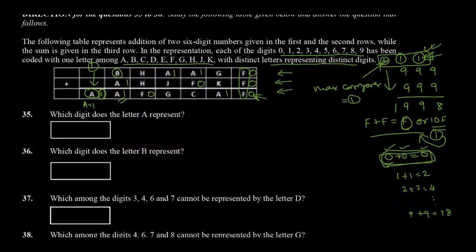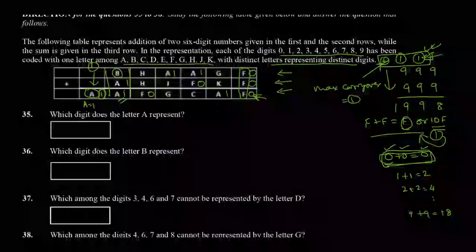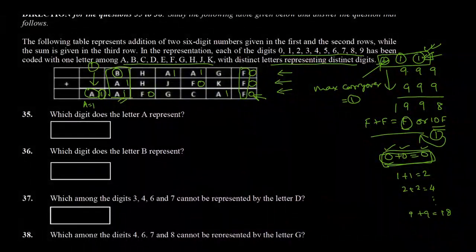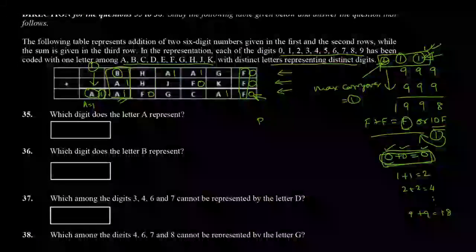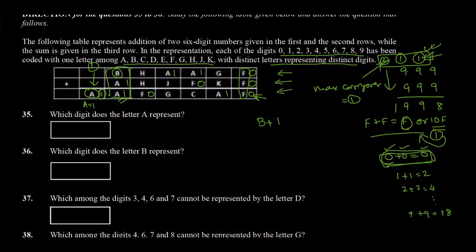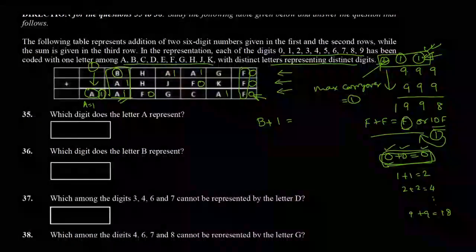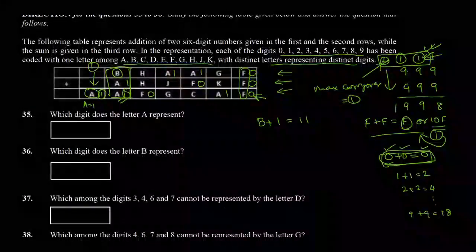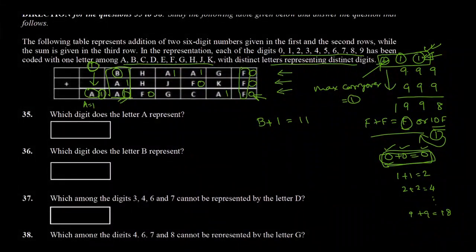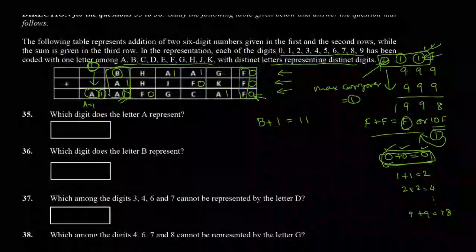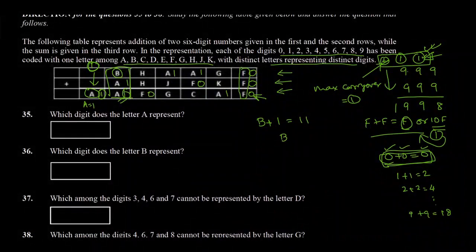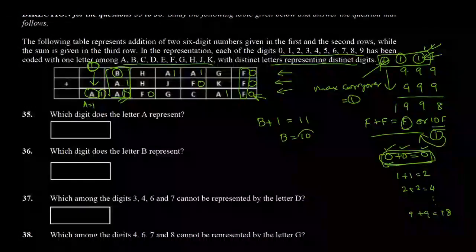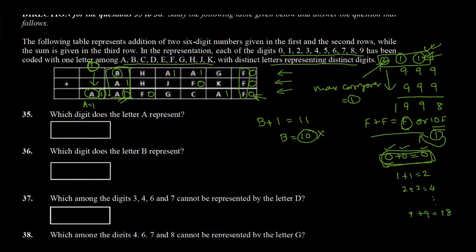Now we can see that in the second column, we see B plus 1 is giving 11. So 1 is coming here and 1 is getting carried over. So therefore B is equal to 10, but B cannot be equal to 10.